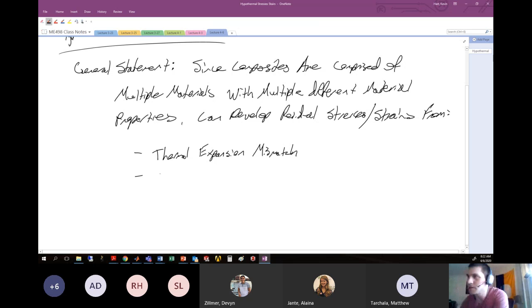You could have some chemical shrinkage that occurs or absorption mismatches. All right, so there could be chemical shrinkage. Or what I'll say is some chemical absorption.